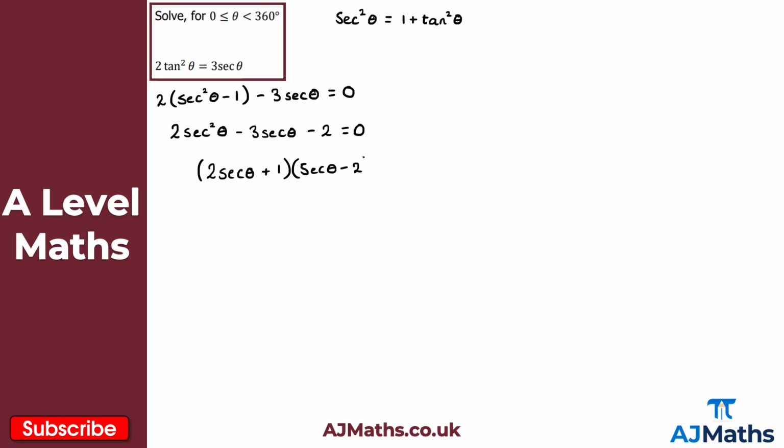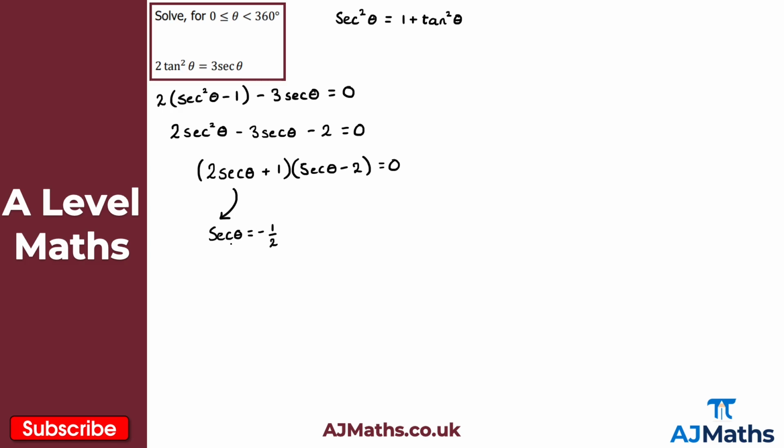And this is equal then to 0. Okay, so from here, we get two solutions. So I get this solution here, when sec theta equals minus a half.